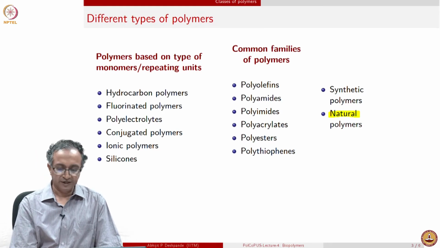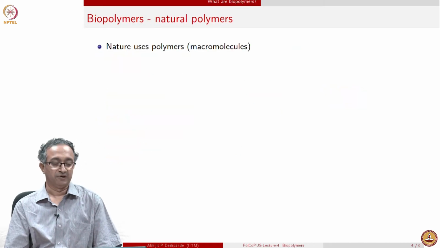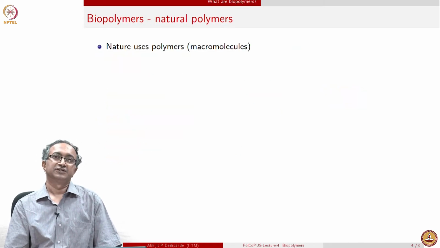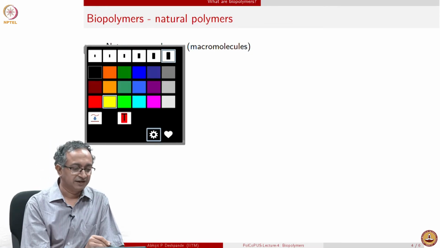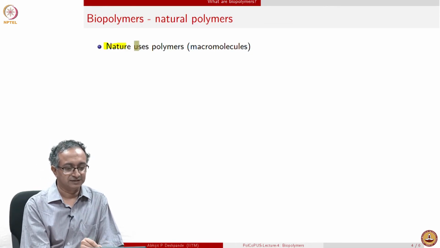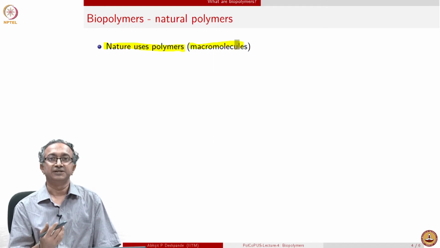So let us look at now examples of natural polymers, which are called biopolymers. Just to pause here and ask some questions and note some important features of these natural polymers. One thing which we have highlighted earlier also is that nature does use polymers or macromolecules, proteins, DNA, and there are several other examples, whether it is cellulose, starch. So nature does use polymers quite extensively.